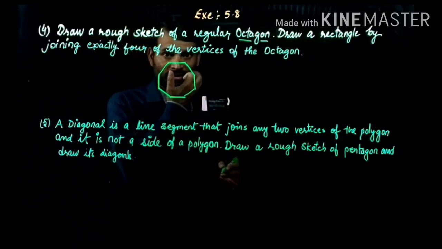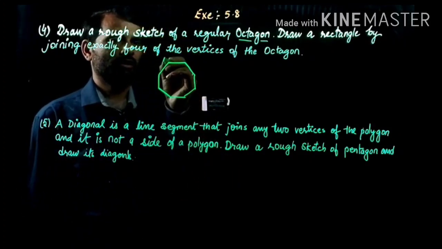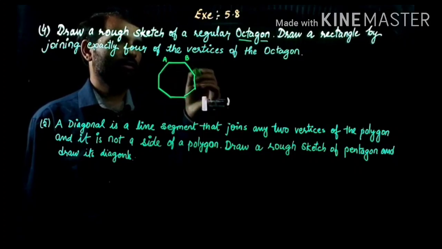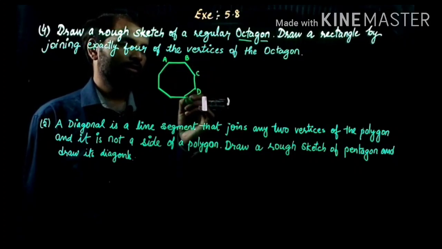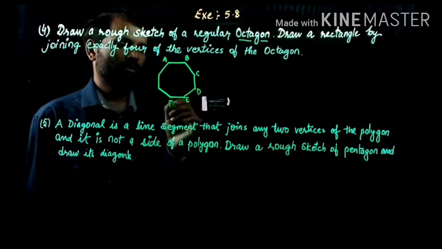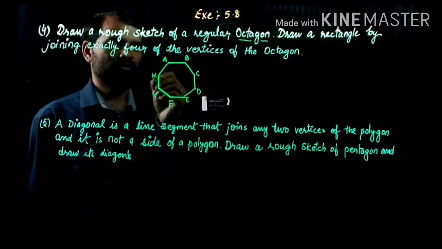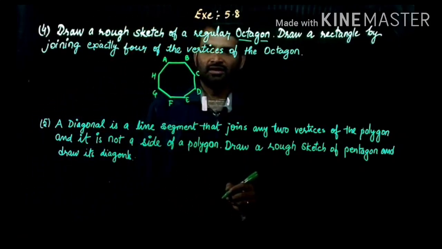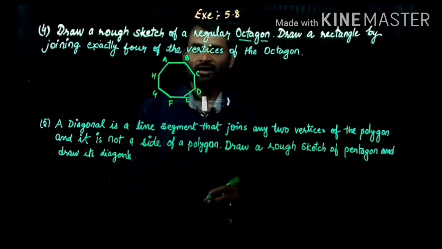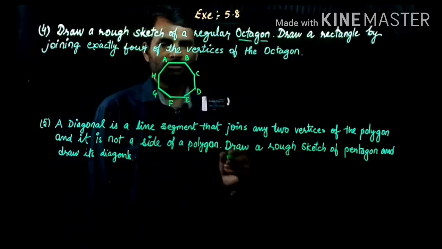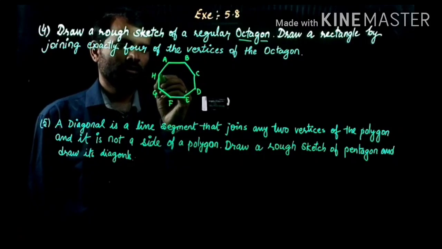In this diagram, label the vertices A, B, C, D, E, F, G, H. That A, B, C, D, E, F, G, H is an octagon, and join four vertices.